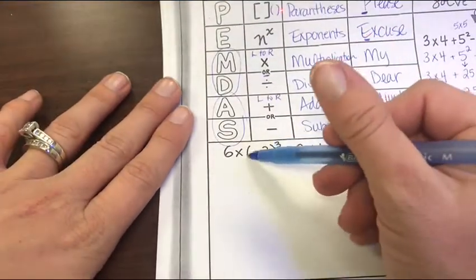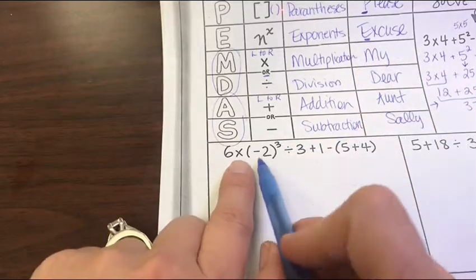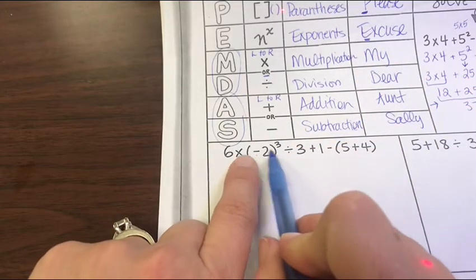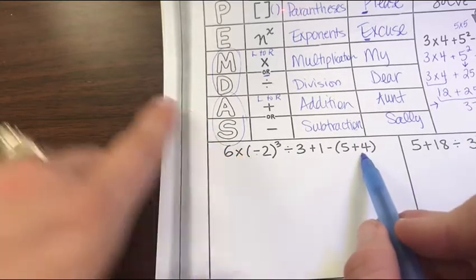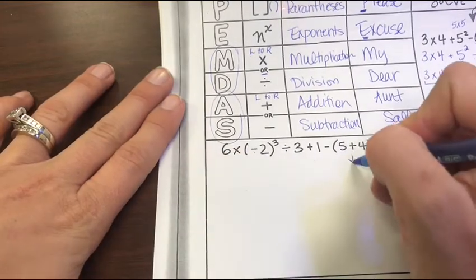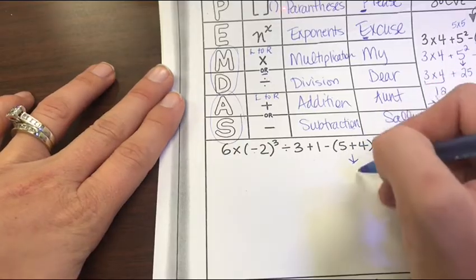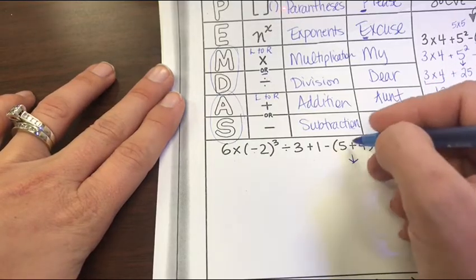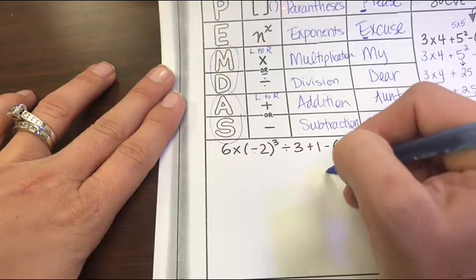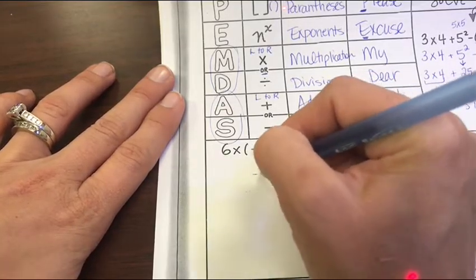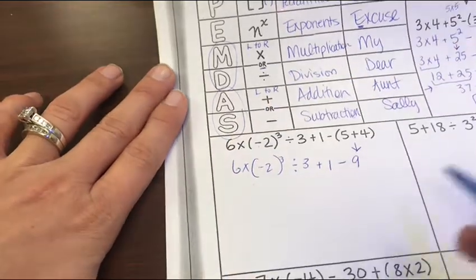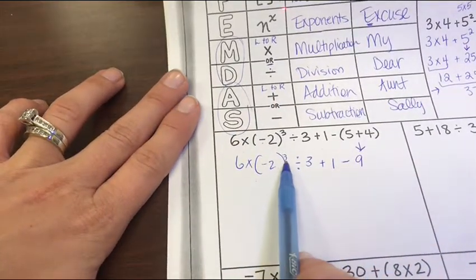We have a parentheses here, but the only reason this parentheses is here is to separate those two signs and to make sure that you raise -2 to the third power. So right here, we're going to do parentheses first. 5 plus 4 is 9. And then we're going to copy everything else down exactly the way that it is. Now we have exponents.